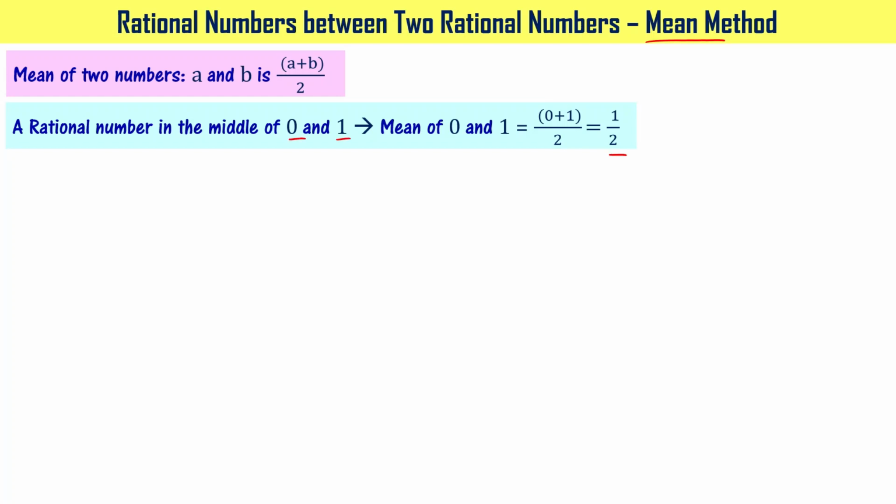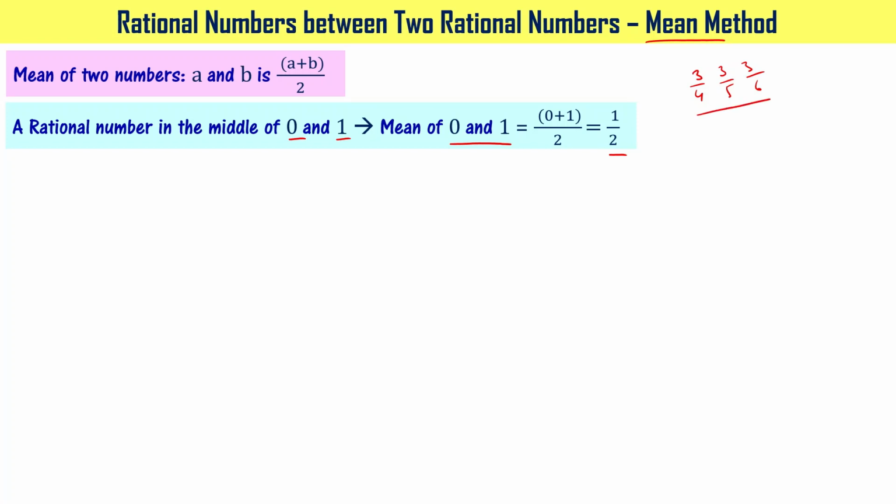So you can write a rational number in the middle of 0 and 1 as the mean of 0 and 1, that is equal to half. You can write 3 by 4, 3 by 5, 3 by 6. All these possibilities are there.